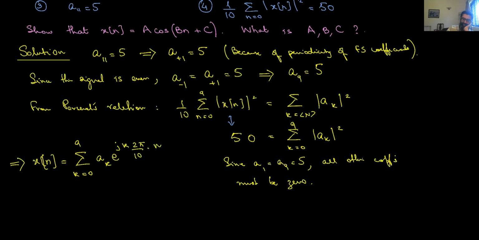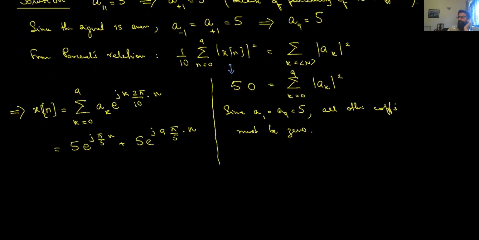So this is a1, which is 5 e raised to power j pi by 5 times n plus 5 e raised to power j 9 times pi by 5 times n. How is this a cosine?